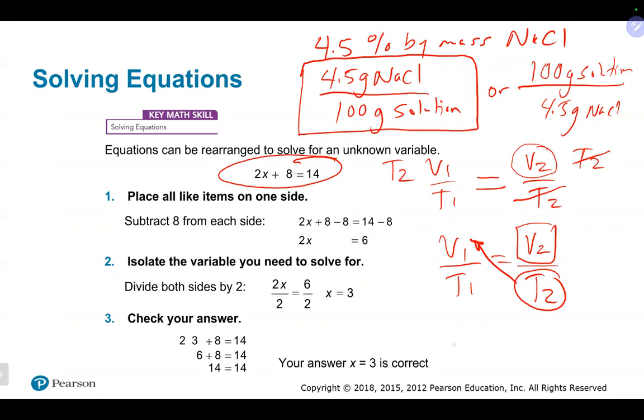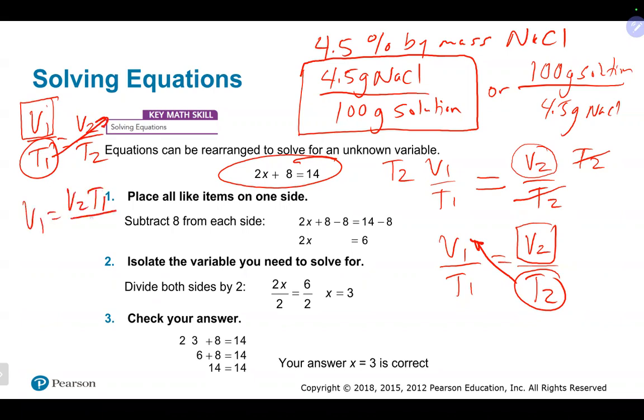If I wanted to solve for V1 in this case, we would take T1 and just move it to the opposite location, up on top. And V1 would equal V2 T1 divided by T2. So being able to properly rearrange equations and formulas is really important for success.